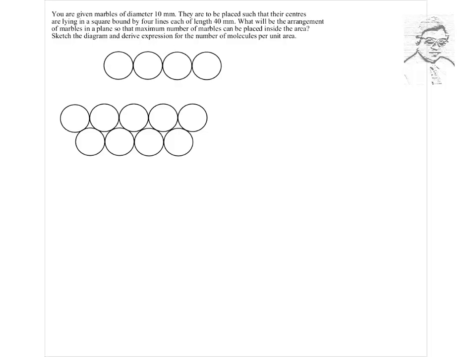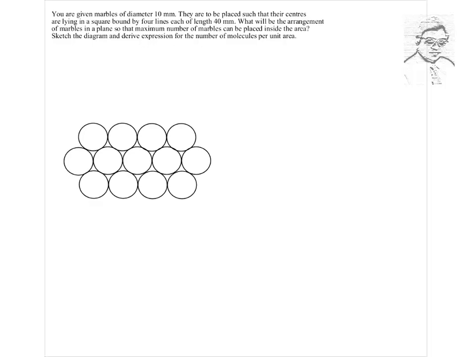That means like this. And then when we try to plug these gaps, again we are replicating this line. That means something like this.